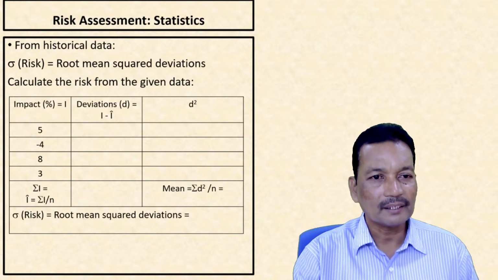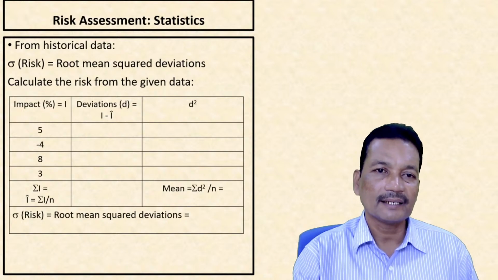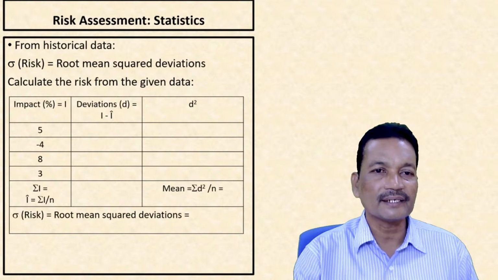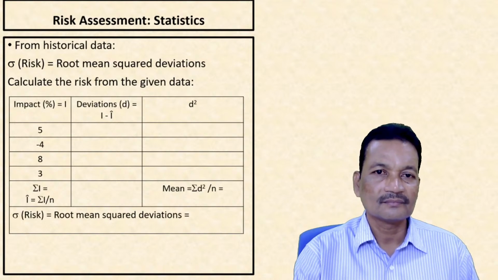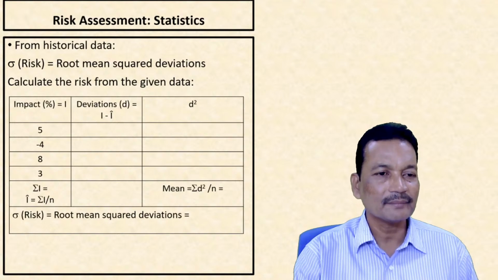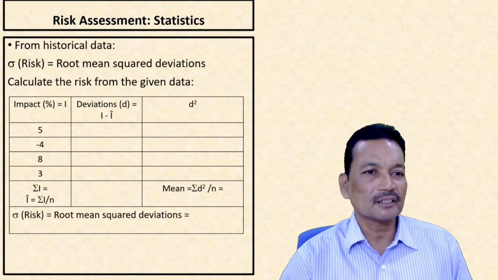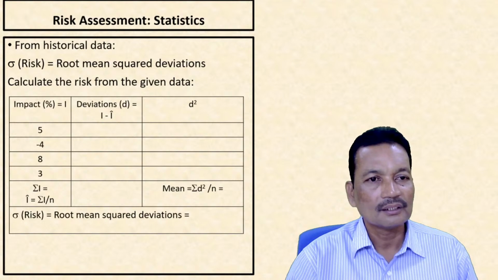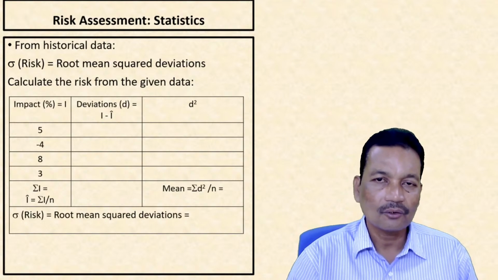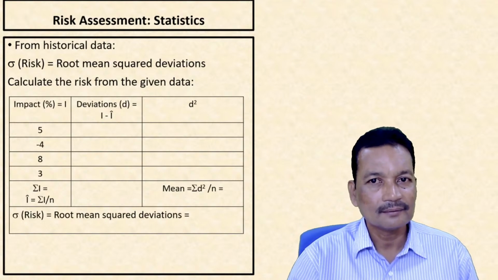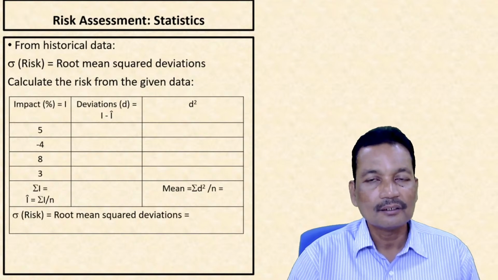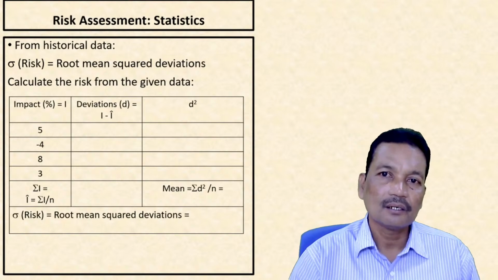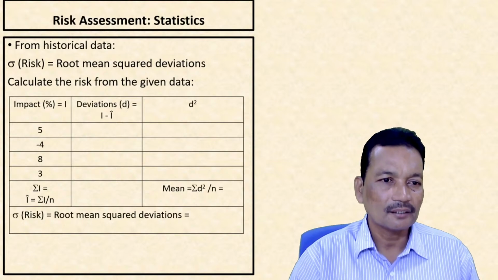Now we have a given example. Let us see how I can calculate the risk here. In the first column, we are given the impact percentage. This is historical data. Already it has been recorded. That means from the previous activities, these are the impacts of the risk we have got.